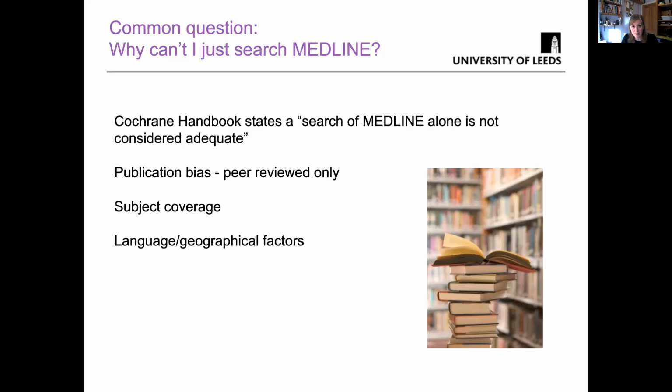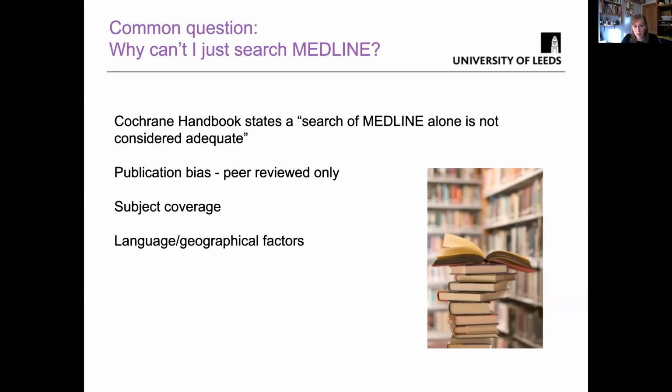Embase is a European database, and that covers the European literature and the UK literature better than other databases. And I will show you some other databases as we go through, which may be covering different regions.